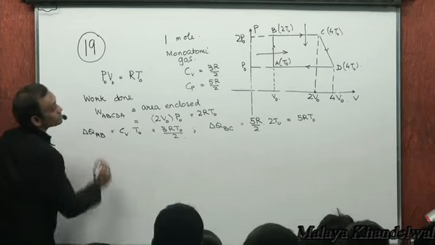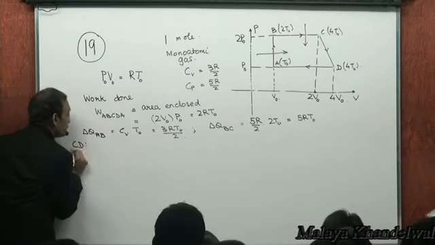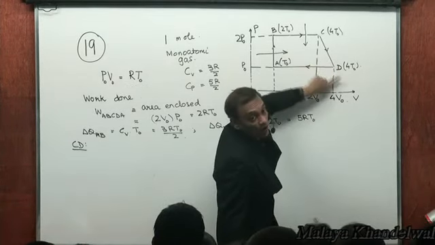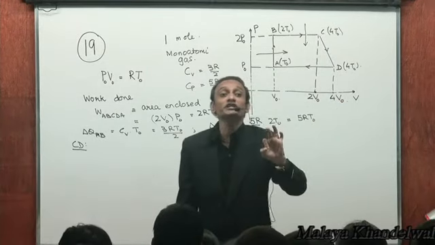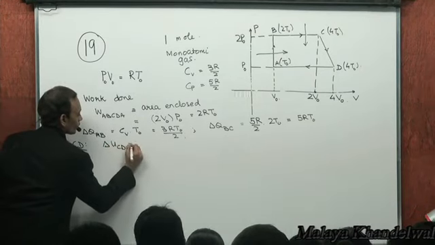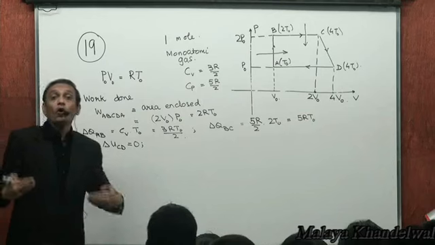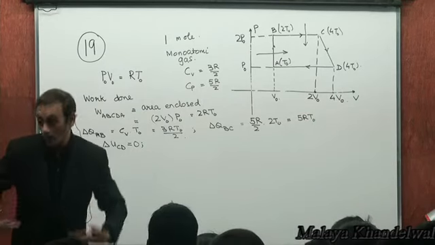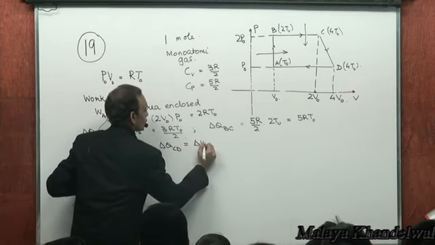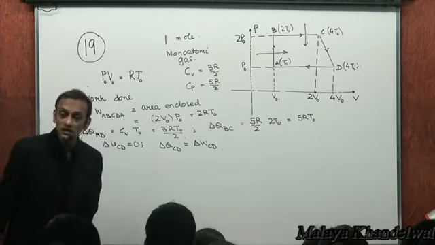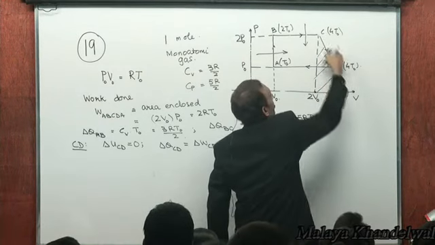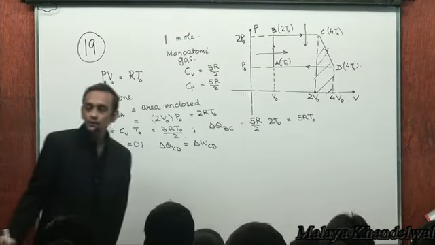Okay. Now look at the process CD. Even though it's not an isothermal process, the initial and final points are at the same temperature, and therefore the change in internal energy must be 0. Therefore, all the heat that is supplied must go towards doing work. Work done in CD is the area under this process.